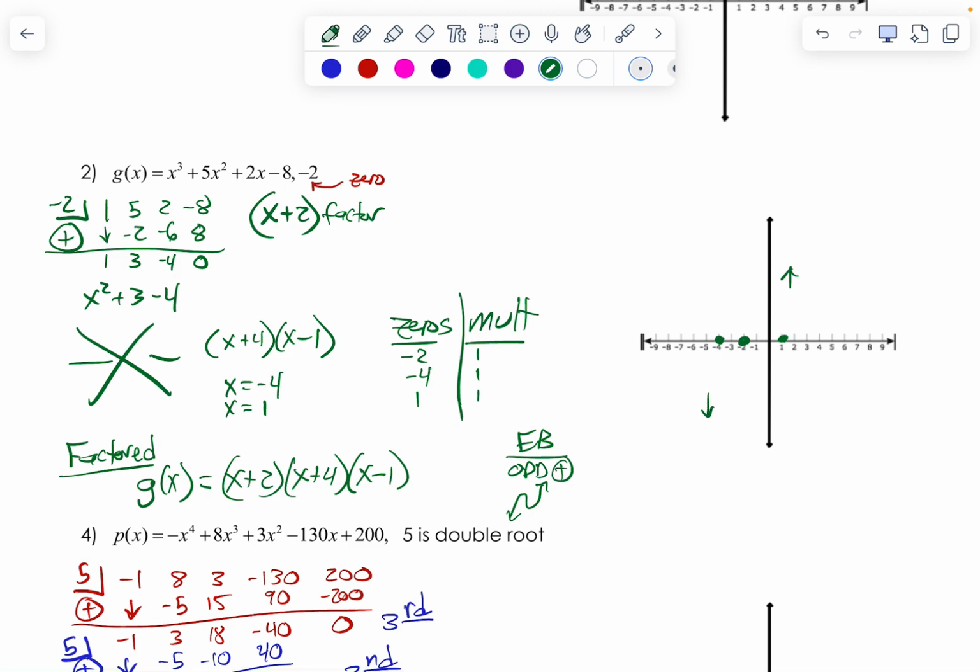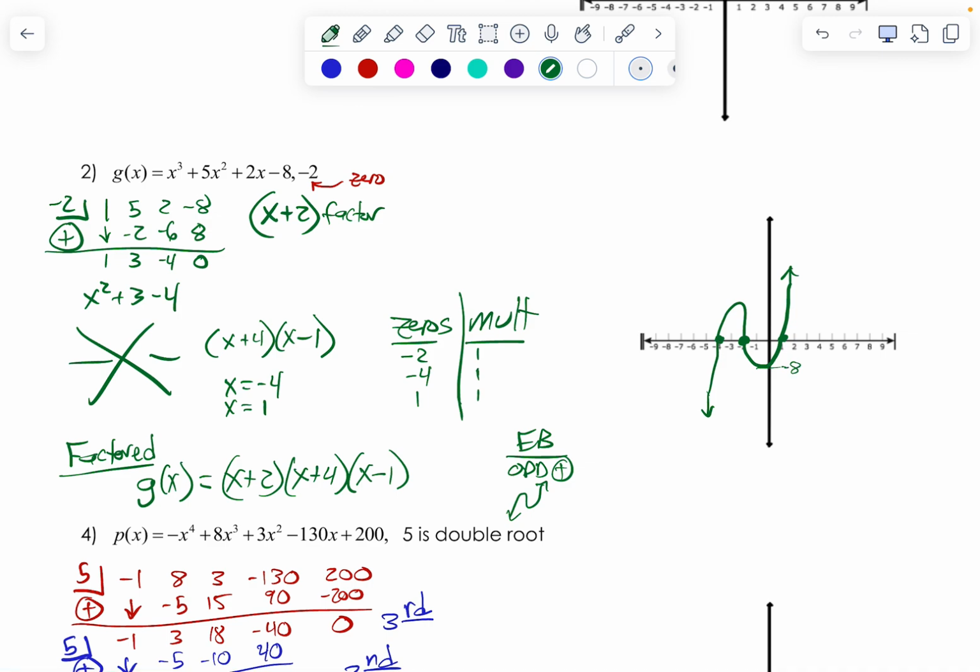And there's no special behavior in terms of each zero. It just passes through each one, something like that. I missed that last one. There we go. Okay. What's the y-intercept for this? -8. So go label that.